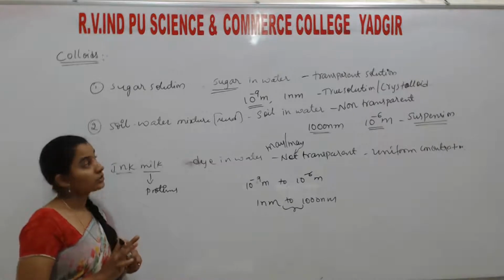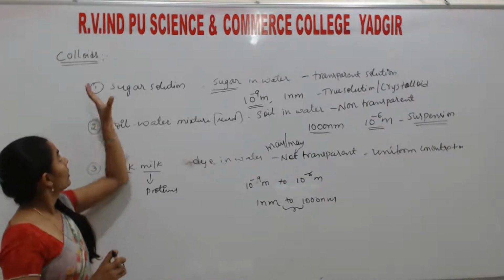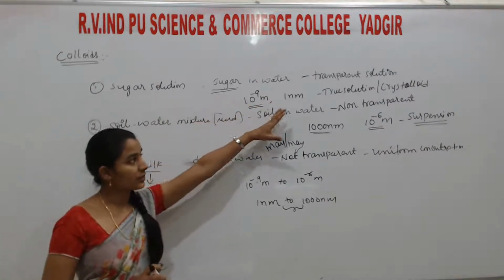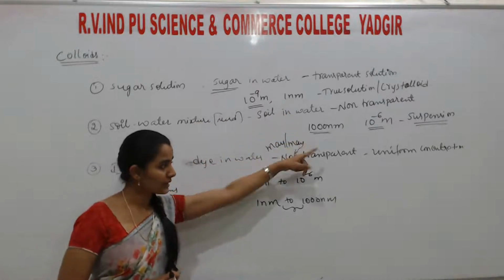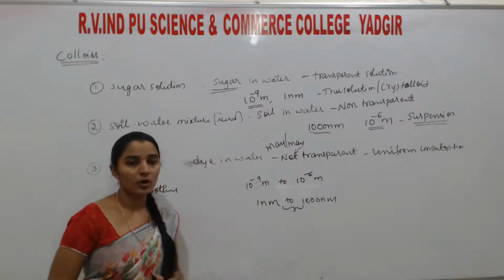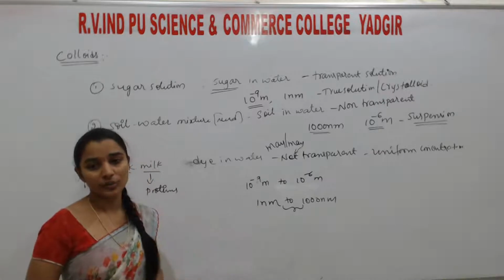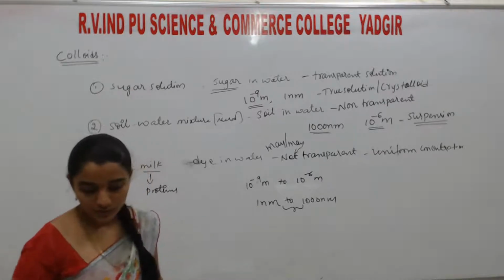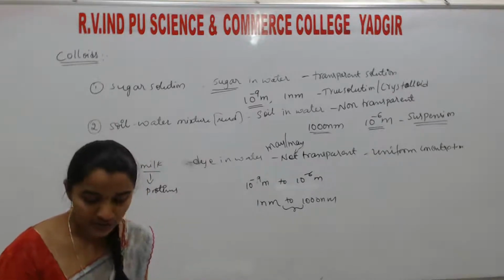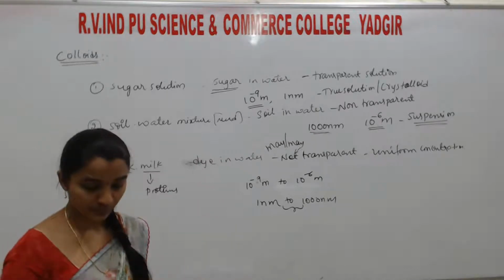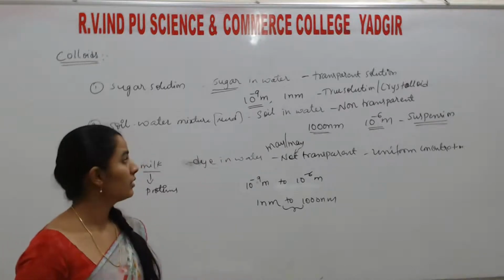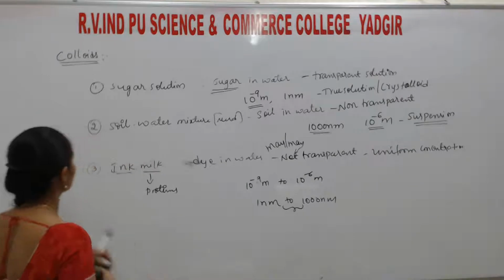So this is all about the solution types: crystallites or true solution, suspension, and colloids, based on the size of the particles. So students, we will discuss the differences between these three. Understand? Differences between these.